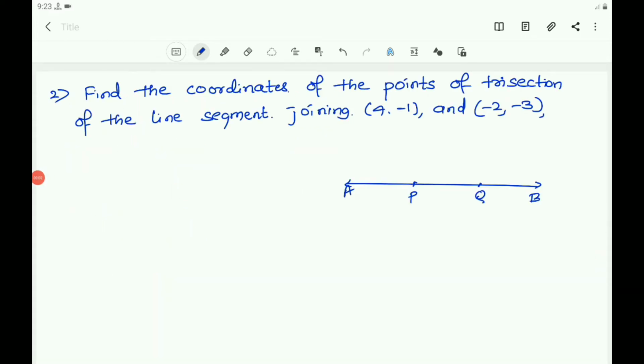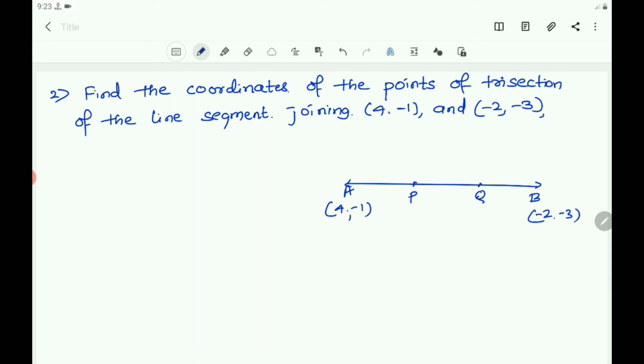Now the second question: find the coordinates of the points of trisection of the line segment joining 4, -1 and -2, -3. Now consider the 2 points are A and B. The coordinates of A are 4, -1 and the coordinates of B are -2, -3.